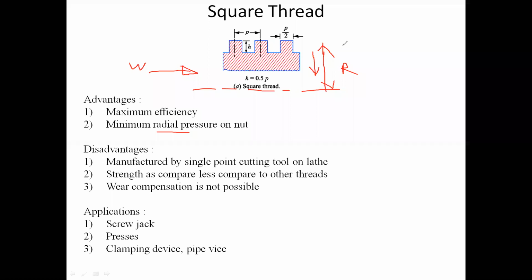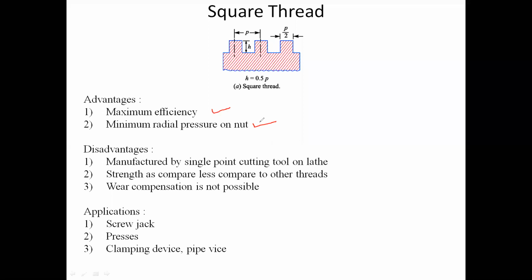There is no force along the radius on the nut. So just remember two advantages: maximum efficiency, and minimum radial pressure on the nut.